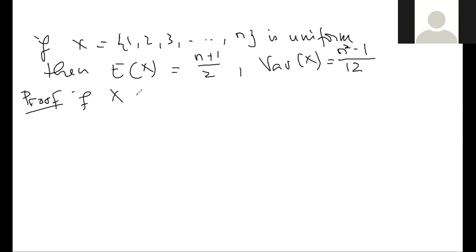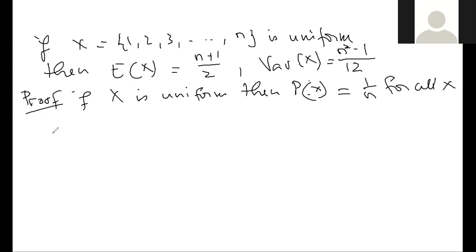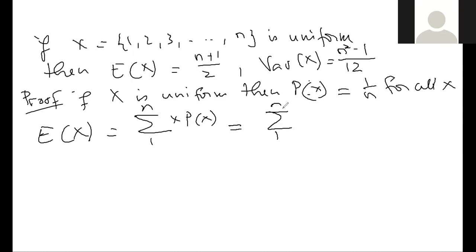If x is uniform, then P(x) is equal to 1 over n for all x. E(x) will be the sum from 1 to n of x times P(x), which is equal to the sum from 1 to n of x times 1 over n.